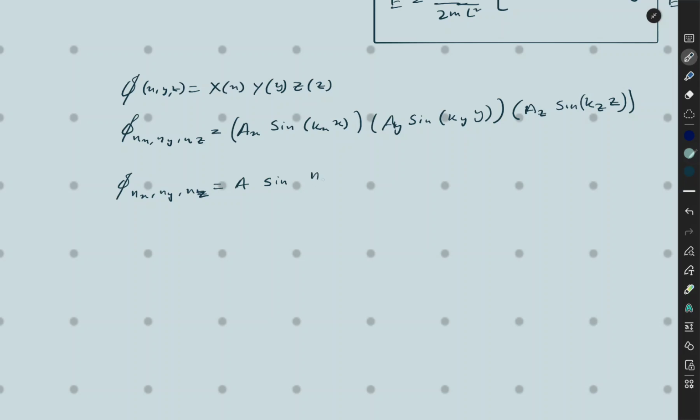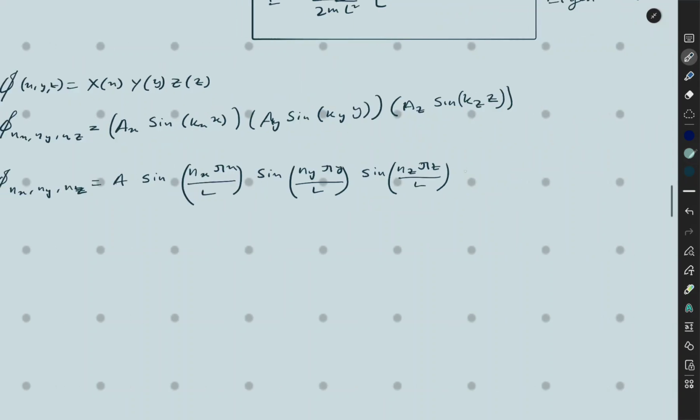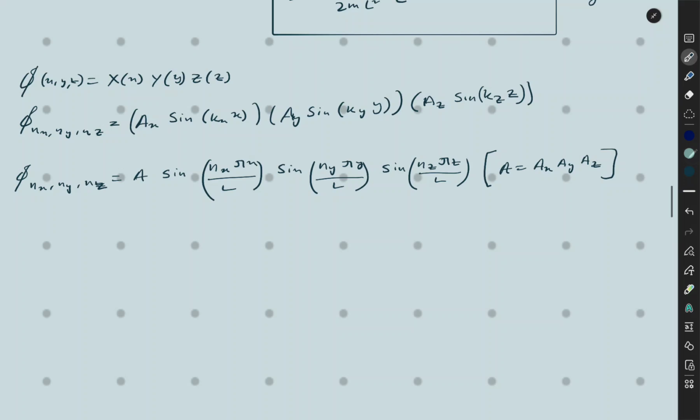So this will become sine nx pi x whole upon L, sine ny pi y whole upon L and sine nz pi z whole upon L. So this will become like this, where we have considered A equal to ax, ay, az.